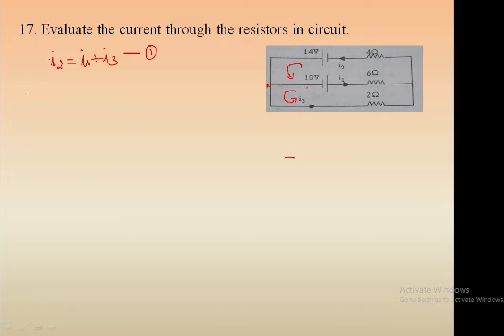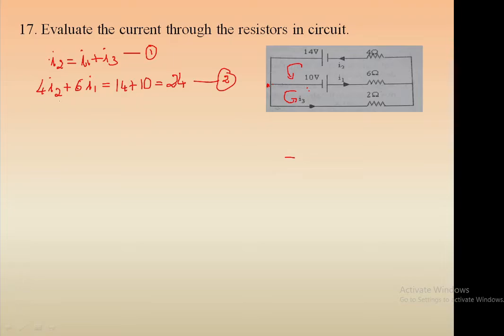So I can write 4I2 plus 6I1, that is also positive, equals, we have two sources of EMF, 14 and 10 volt, and both are in positive directions. So 14 plus 10 volt, that is equal to 24. That is equation number 2.